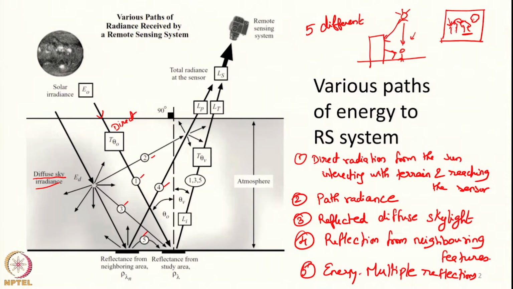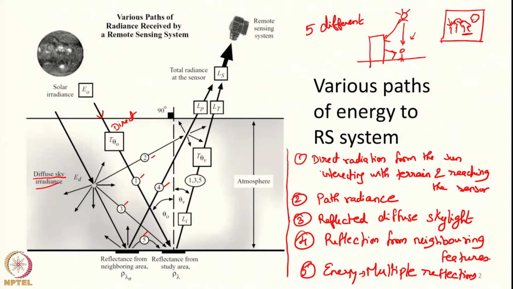So, energy which is undergoing multiple reflections, energy will be coming in from objects that are closer to the object of our interest. So, these are 5 paths, and path 4 and path 5 everything will reach the sensor. So, these are the 5 paths in which energy from the sun will reach the sensor.